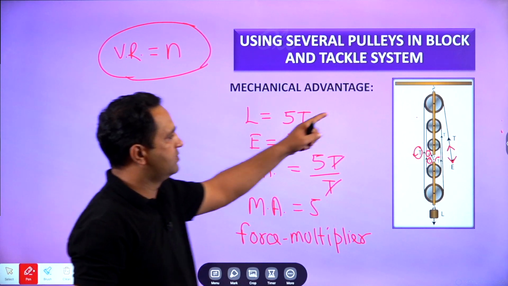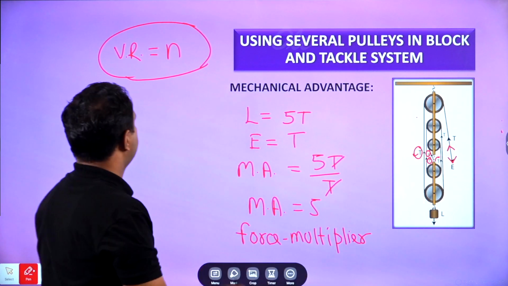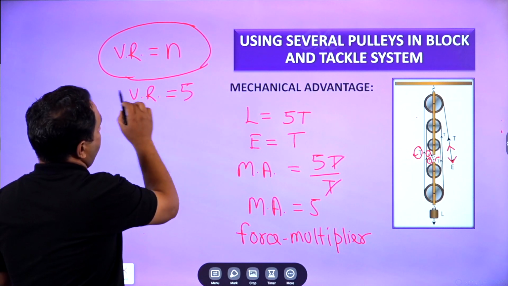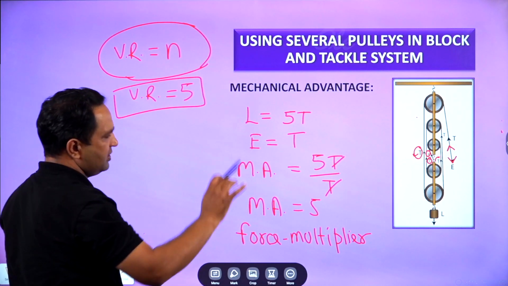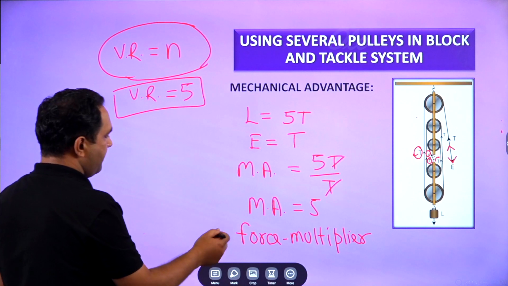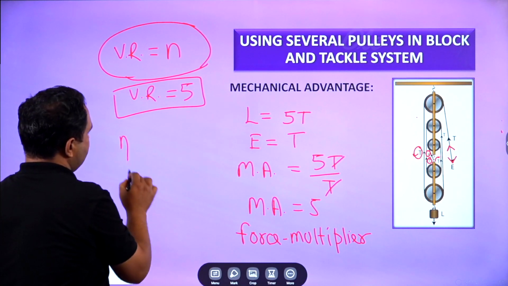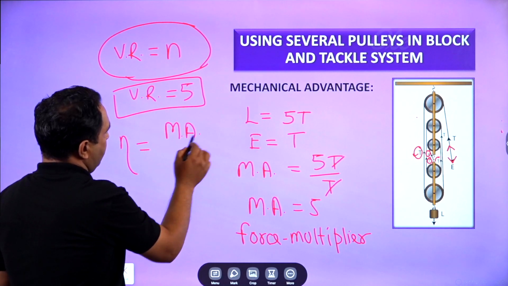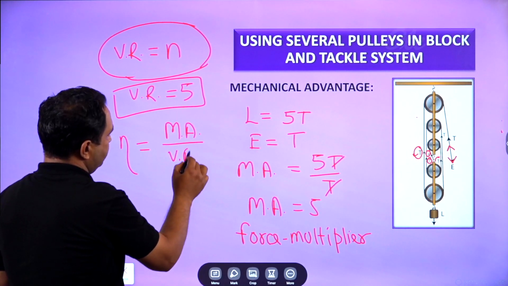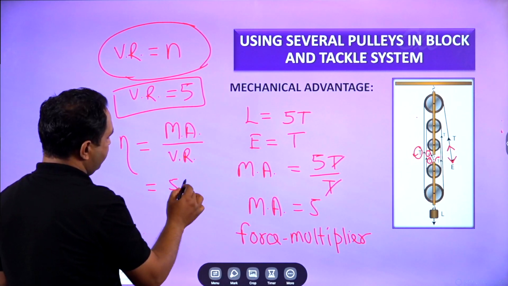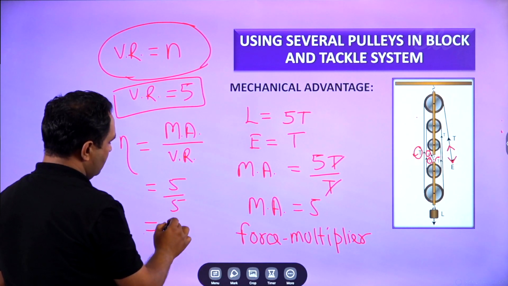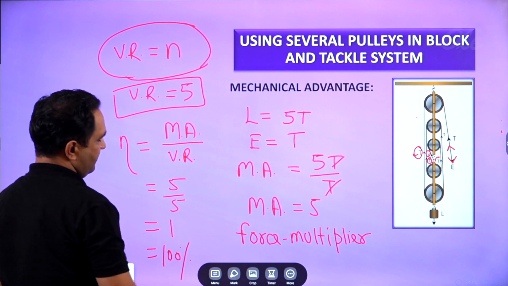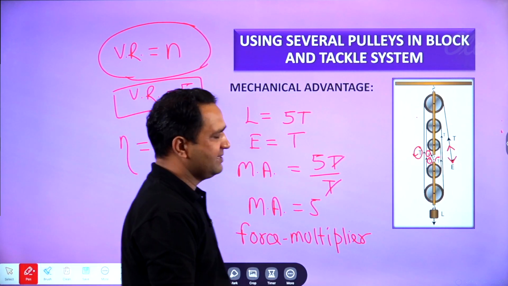So here we are using a total of 5 pulleys, so the velocity ratio will be 5 and it will be fixed for a particular combination. Okay. Now what will be the efficiency? Efficiency is equal to mechanical advantage upon velocity ratio. So it will be 5 upon 5, which means 1 or 100%. So this is again for the ideal case.